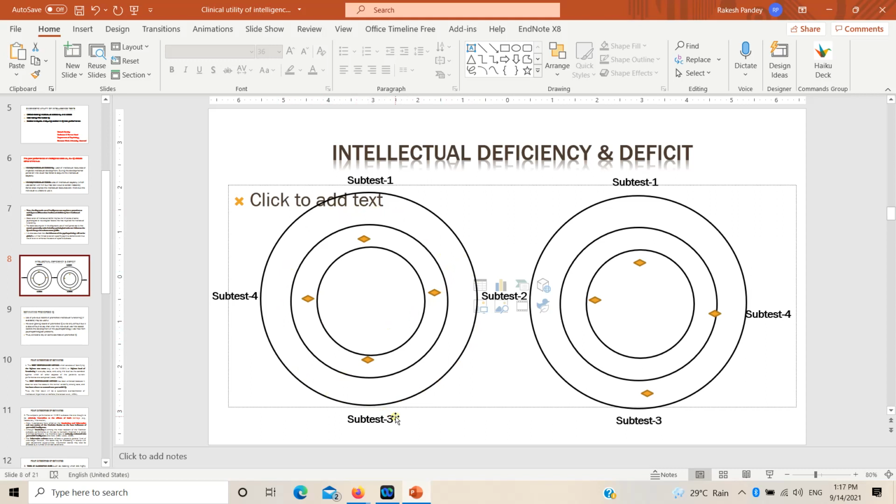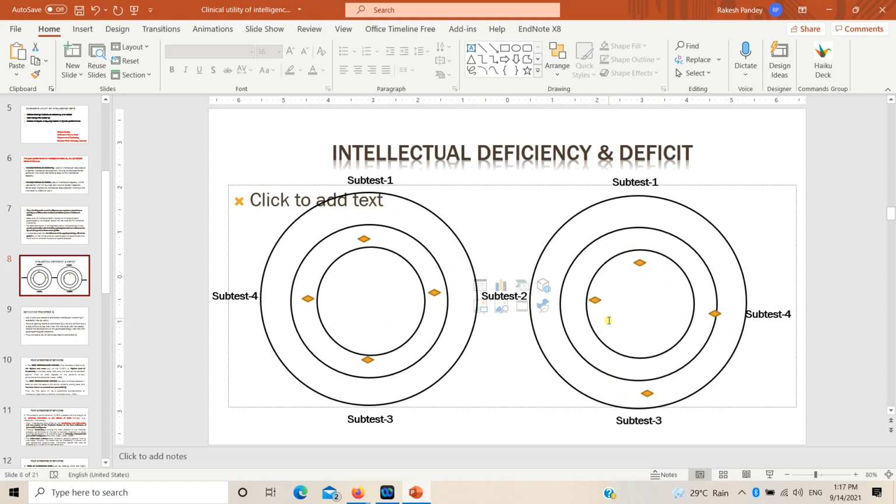Global decline will indicate intellectual deficiency. But on the right there is a selective decline, and this selective decline will suggest intellectual deficit.